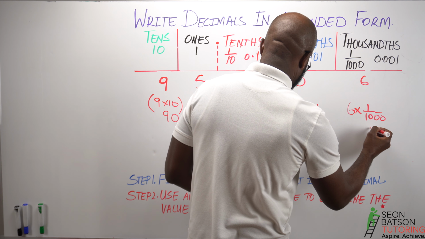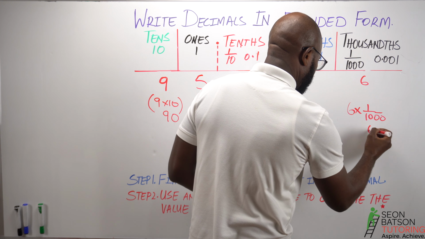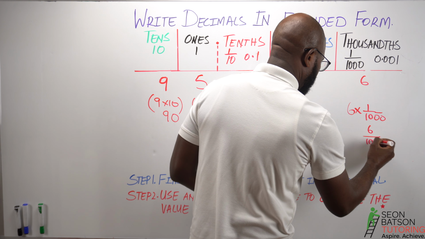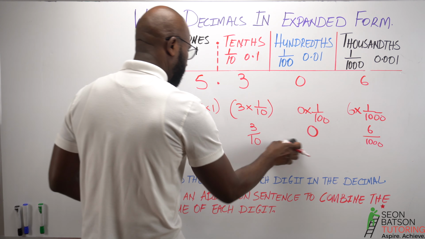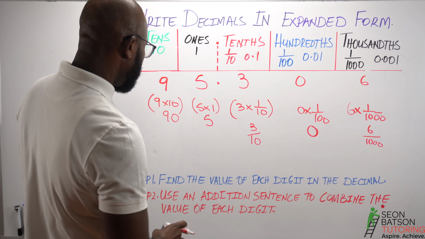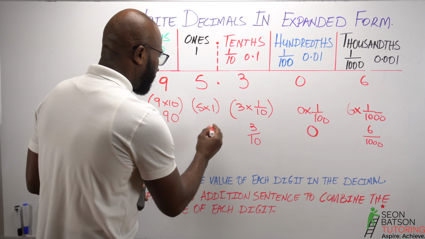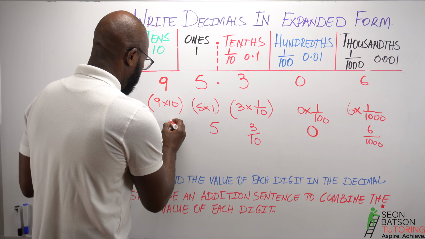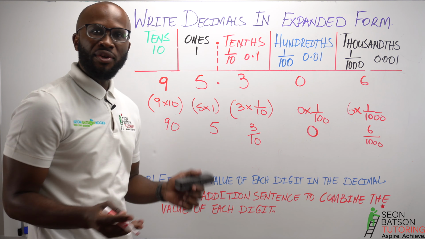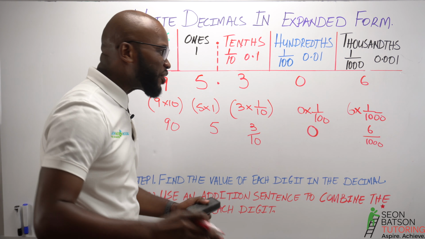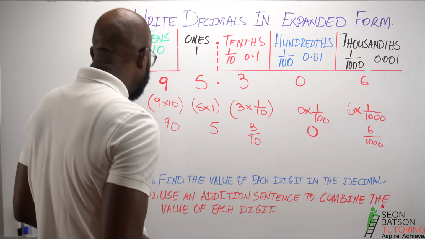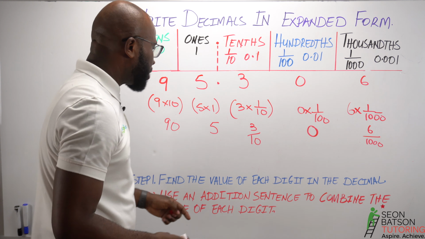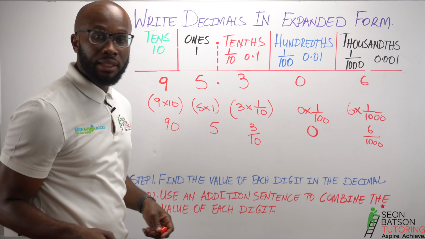Or what? 6 over 1,000. Yes? Let's put everything nice and neat now. This is 5. This is 90. How are you feeling? You get the idea so far? Perfect.